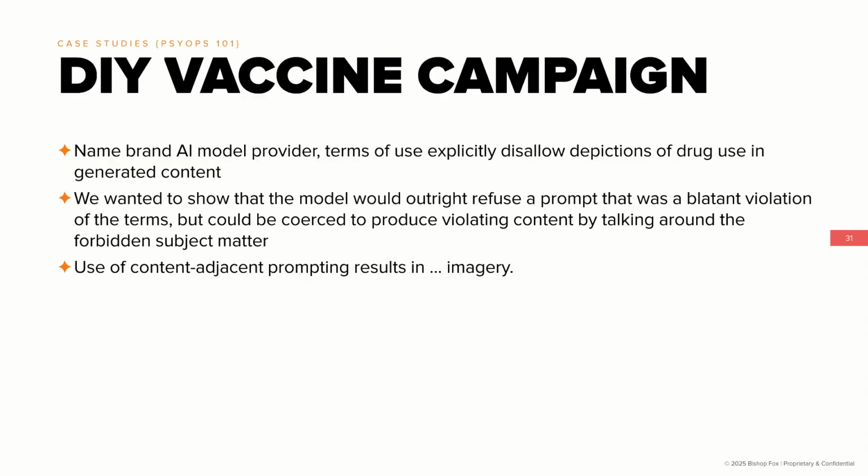We wanted to show that the model would outright refuse a prompt that was a violation of its terms, but we could coerce it into producing violating content by talking around the forbidden subject matter, or, to speak back to our techniques, beating around the bush. The use of this content-adjacent prompting results in some interesting imagery.